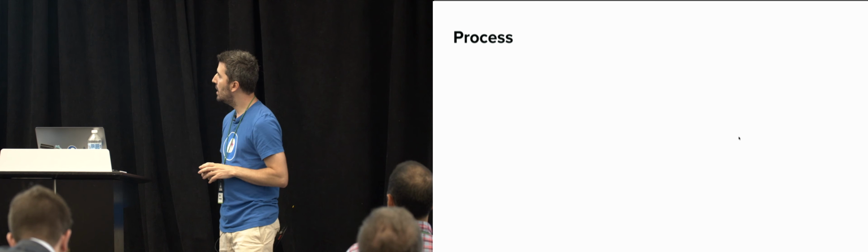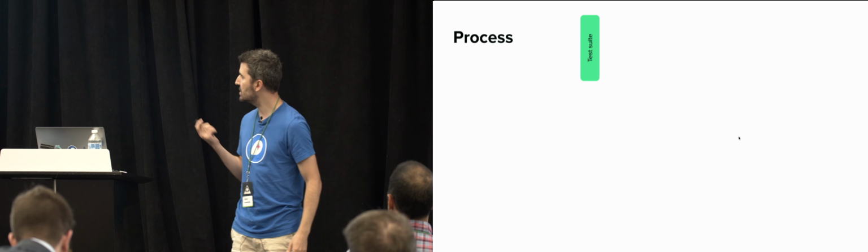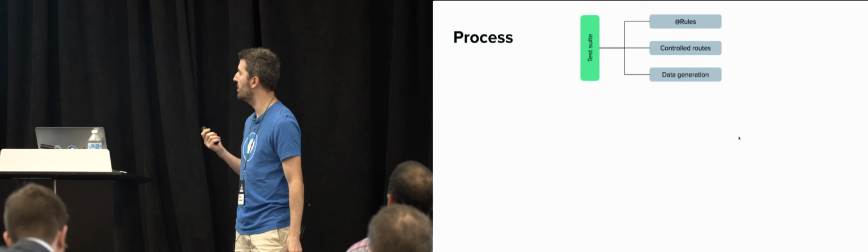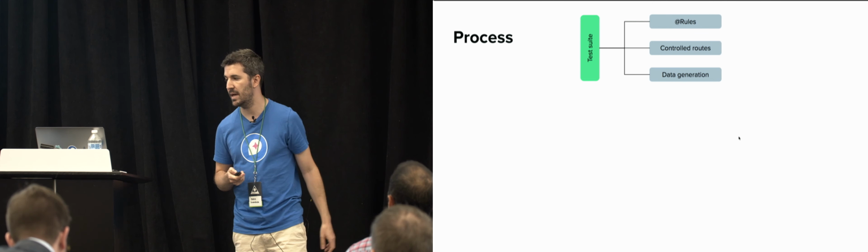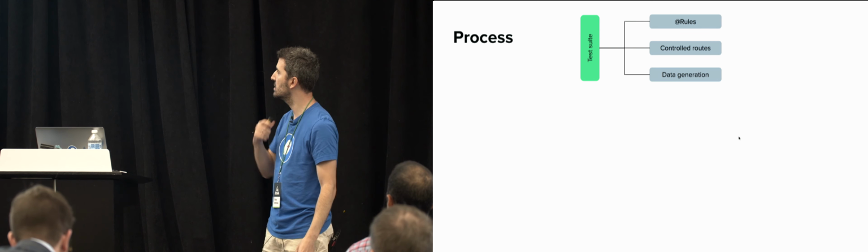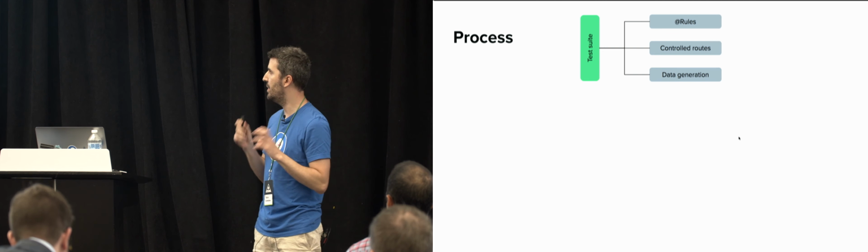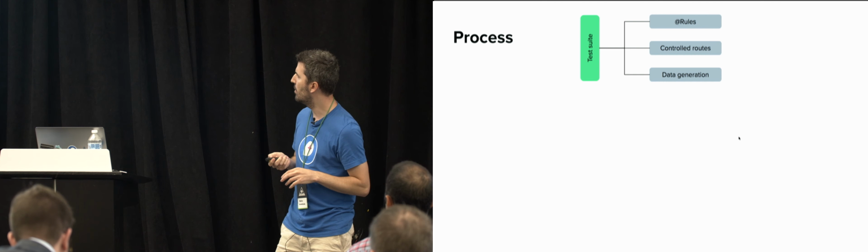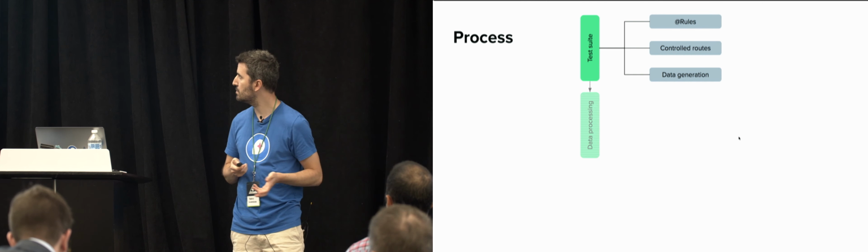Now let me walk you through the process that we implemented. First of all, we implemented this test suite that I just mentioned, which is based on some custom rules. Then we defined these control routes, and then we generated the data.